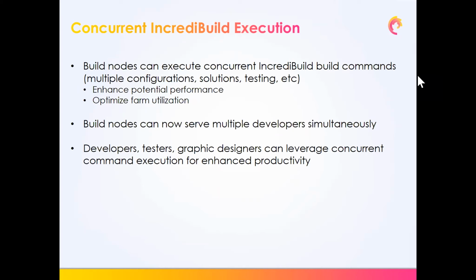Just take your own build script that you have right now, and anything that you executed with IncrediBuild in a sequential manner. If you have two solutions, for example, especially in C#, when we are speaking about microservices architecture, you usually have a lot of solutions that can compile in parallel. You can now run these steps in parallel with IncrediBuild, utilizing your farm much better and getting better performance results.